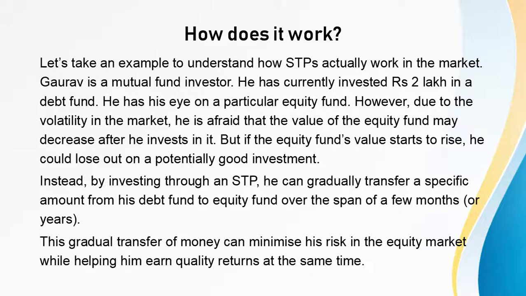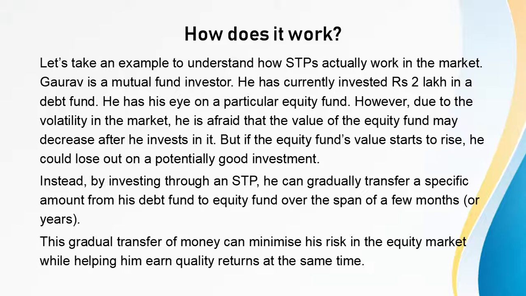Now, let's see how it works. Let's take an example to understand how STPs actually work in the market. Suppose there's a mutual fund investor who has currently invested rupees 2 lakh in a debt fund. He has his eye on a particular equity fund. However, due to the volatility in the market, he is afraid that the value of the equity fund may decrease after he invests in it.